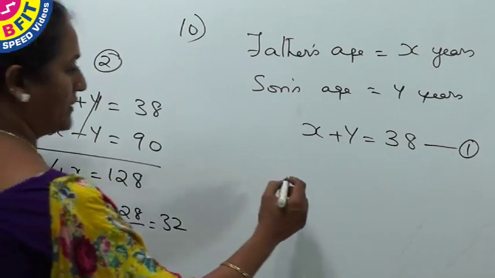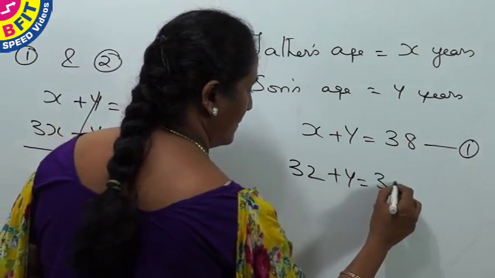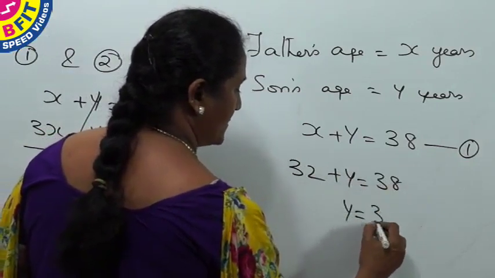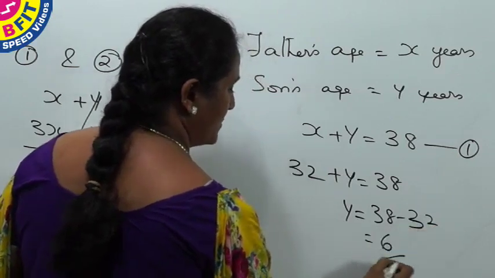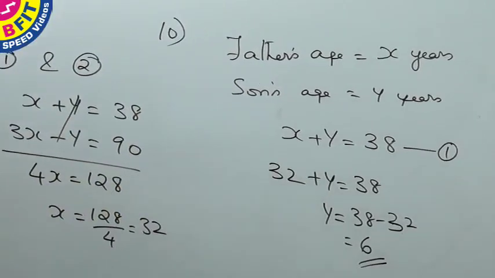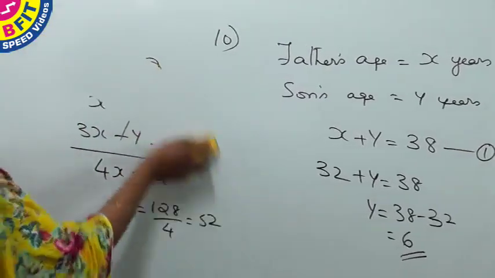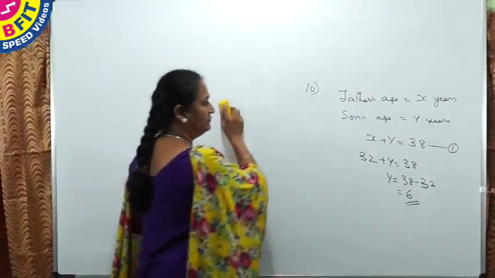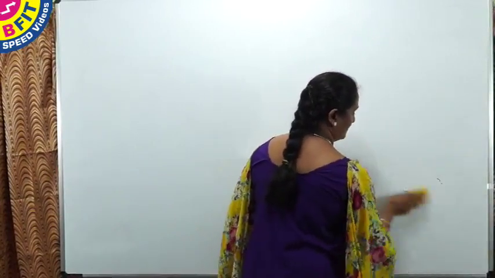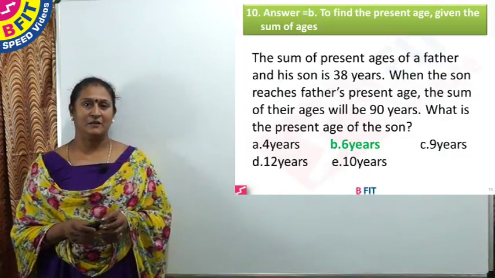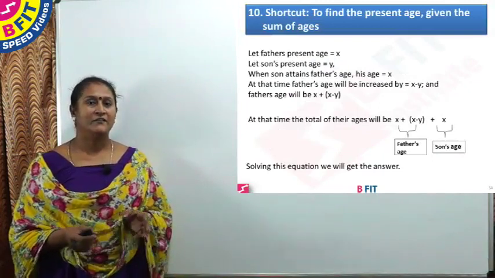Substituting for X in equation number 1, the son's age Y is the difference of 38 minus 32, which is 6. And the answer for question number 10 is option B, 6 years. The working follows.